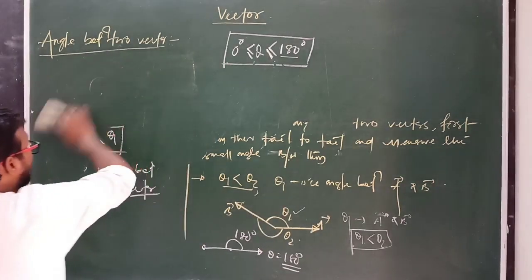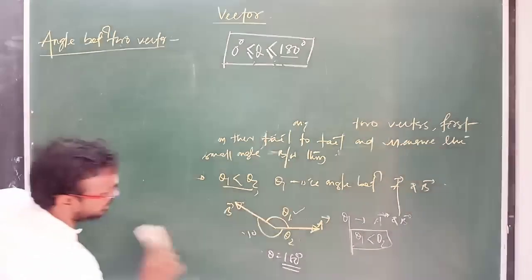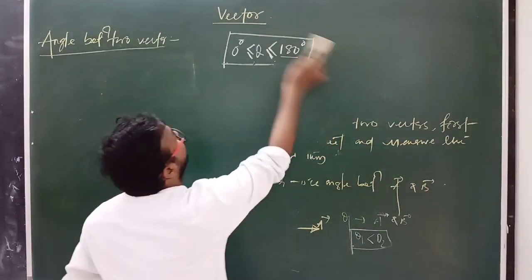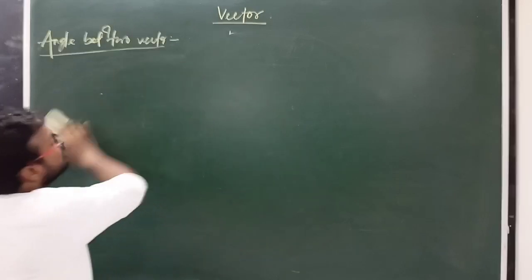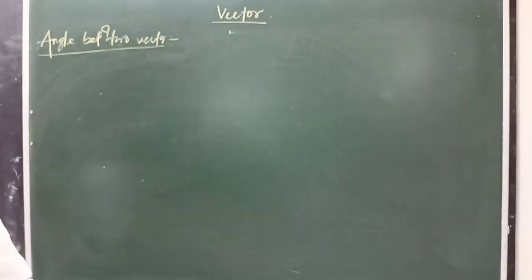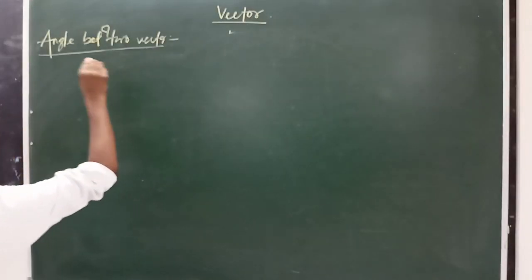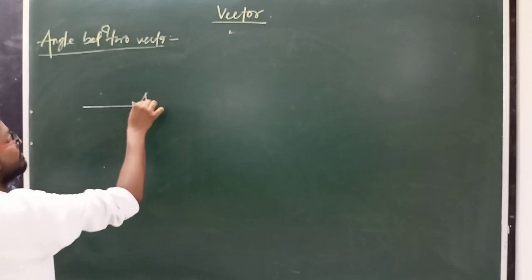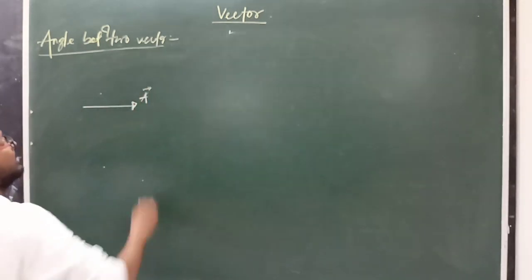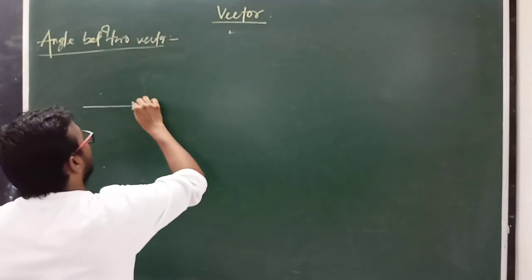Okay. Now let's take one example. How to find the angle between two vectors? Suppose there is an example. This is A vector and there is another vector.